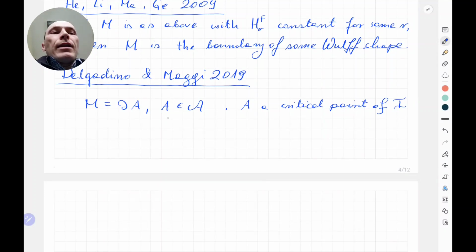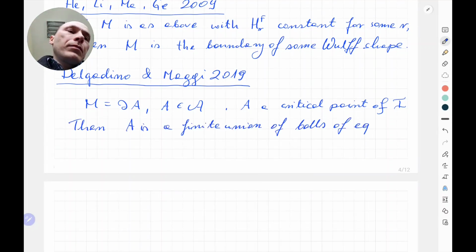So assume A is a critical point of the Euclidean isoperimetric functional, and M is its boundary. Then this A must be a finite union of balls, Euclidean balls, of equal radii.